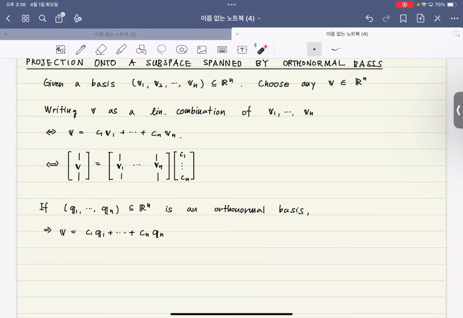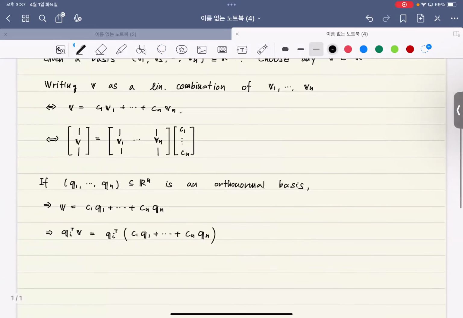In this case, finding these coefficients requires less effort than before, because you take an inner product of the vector V with the ith orthonormal basis vector Qi, that is, Qi transpose times this expression.